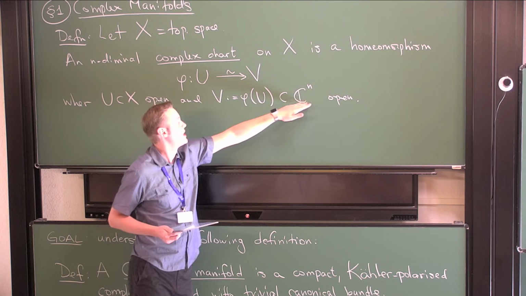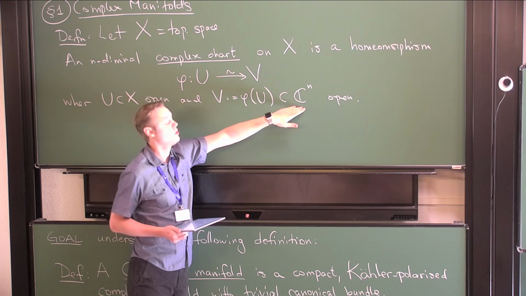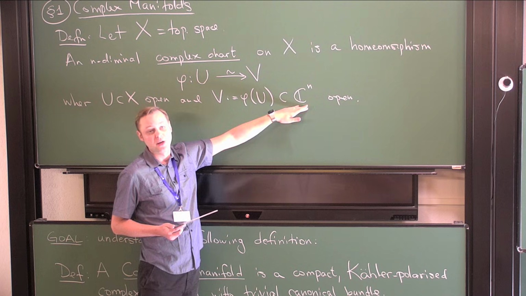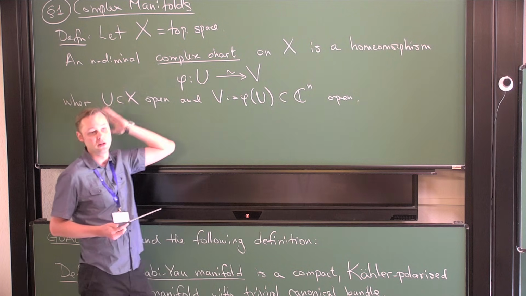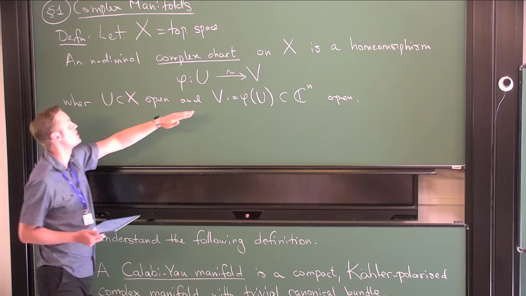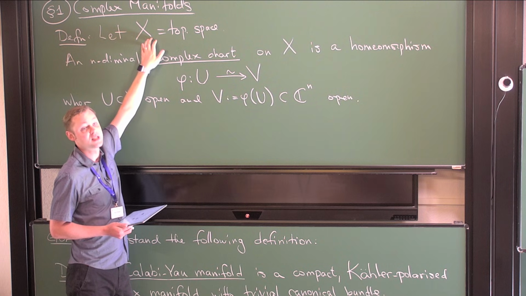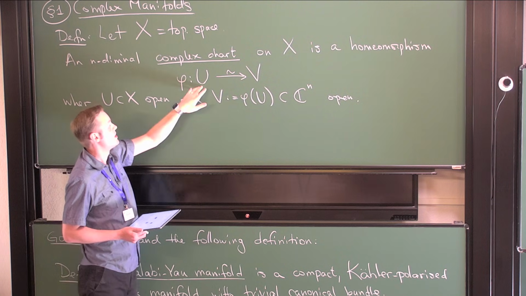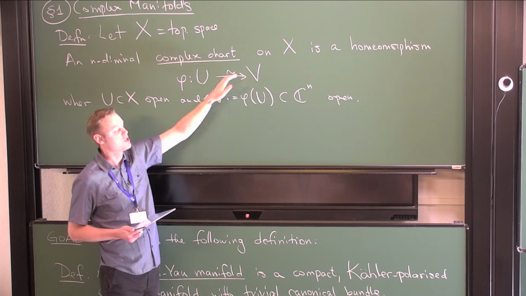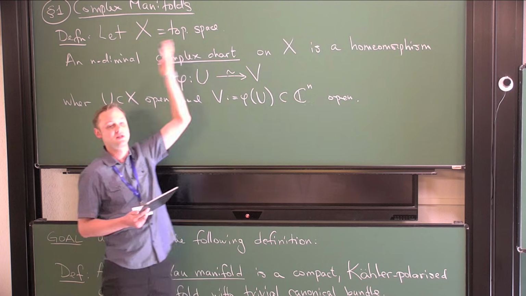And so the idea always is that because we have these homeomorphisms, these charts that map to C to the n, all the geometry that we need, all the complex structure that we need, we're just going to pull it back using these homeomorphisms. So in other words, another way that people say this is that we're going to equip X with a complex structure such that this homeomorphism becomes a holomorphic map. It's just another way of saying that we're literally just taking the complex structure from C to the n and just taking its pre-image.